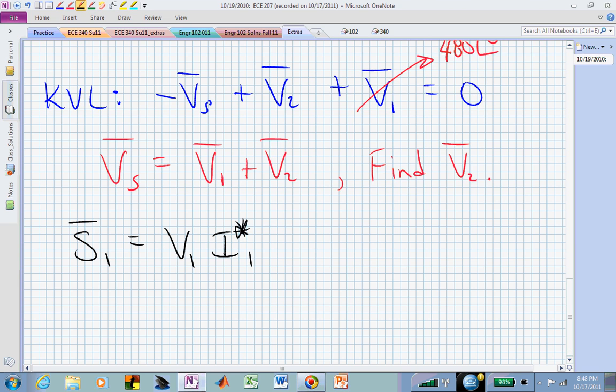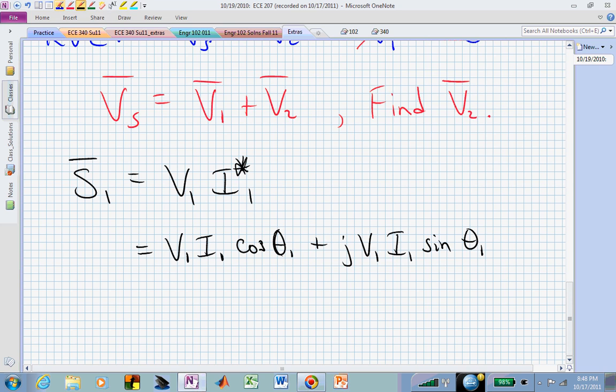If we do it for load number 1, we have S sub 1 bar is equal to V1 I1 star, which is now V1 I1, the magnitudes of those, cosine of, let's say, theta sub 1, where theta sub 1 is the angle of the voltage across load 1 minus the angle of the current, plus J V1 I1 sine of theta 1, where this first real piece is the average power of load 1.